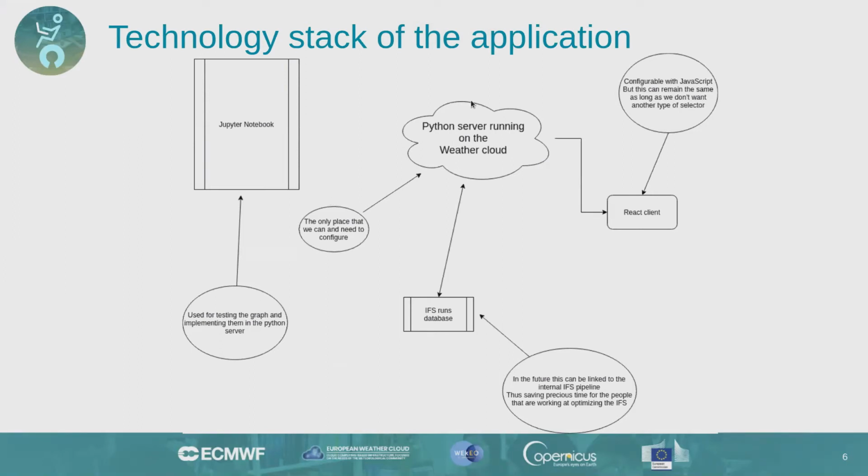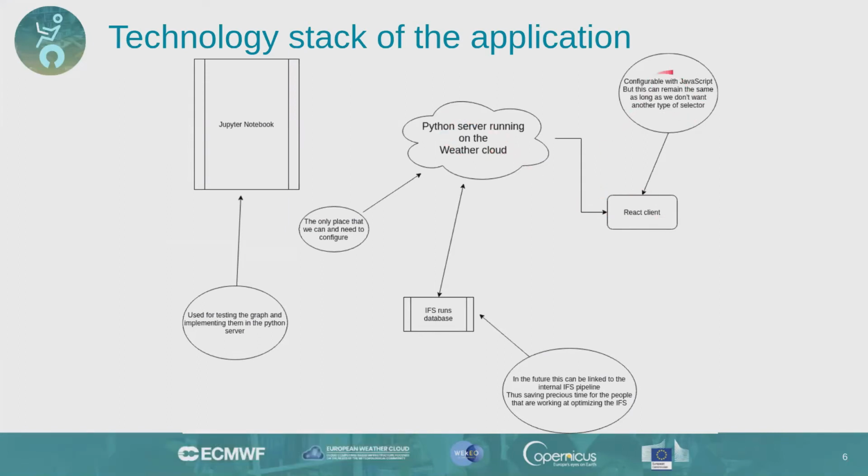Then we are just copying and pasting the cells from the Jupyter notebook to the Python server, a Flask server, by the way. And on the Flask server, this can be linked to the IFS database that can run in the continuous integration service from the IFS. And then you need to change just what you have on the server. Nothing on the client should change.